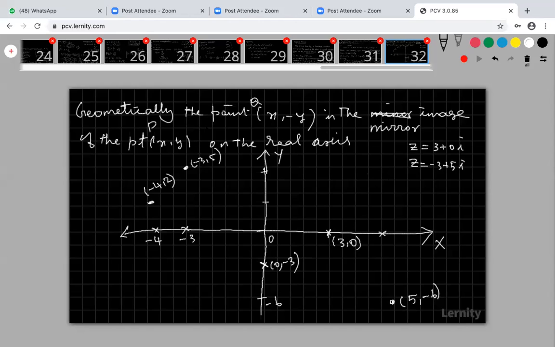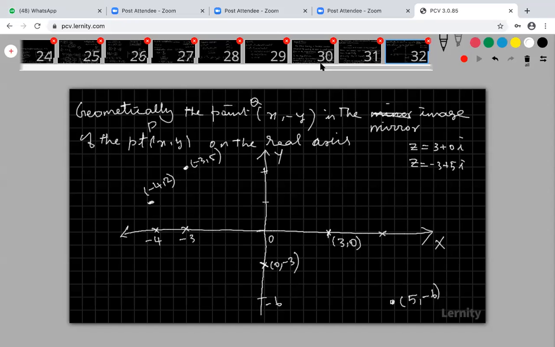So I hope that you can easily understand representing a complex number in the Argand plane. Are you okay? Any other doubt? Yeah, both are same. Mirror image or image, minor image, all are same only. You can simply call it image.